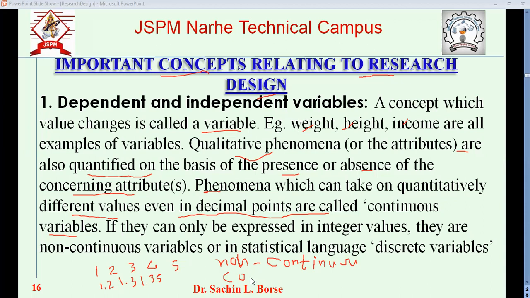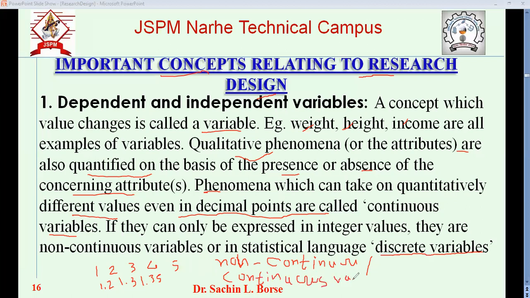So we are seeing the continuous and non-continuous variable. Like 1, 2, 3, 4, 5, it is non-continuous, or another word is discrete variable. But if your value is 1.2, 1.3, 1.35, 1.385 like that, it is called a continuous variable.